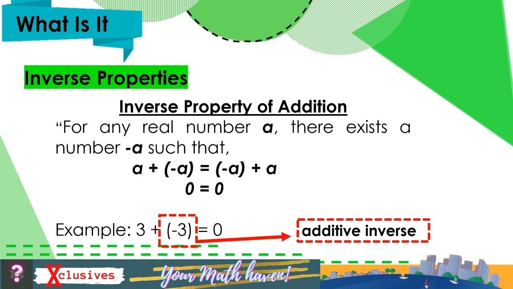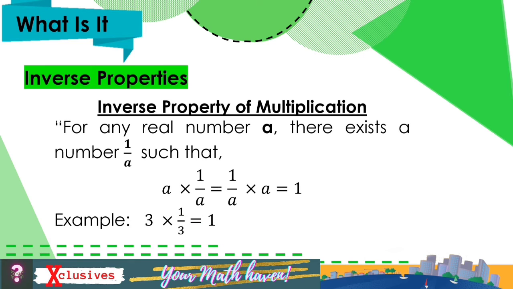We also have an inverse property of multiplication, which states for any real number A, there exists a number 1 over A such that A times 1 over A is equal to 1 over A times A, which is just equal to 1. For example, 3 times 1/3 is equal to 1.